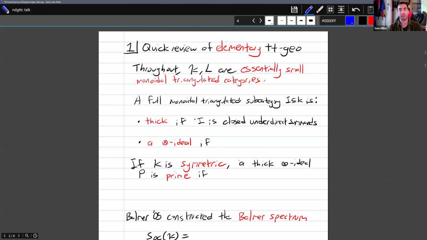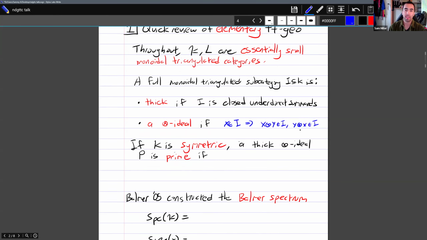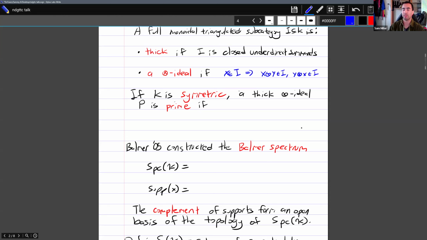A full monoidal triangulated subcategory I of K is thick if it's closed under taking direct summands, and a tensor ideal in this case if X contained in I implies that X tensor Y is contained in I, and similarly, I'm not assuming symmetry yet, Y tensor X is contained in I. And so in this classical case, K is symmetric, so there's a commuting tensor product, where if you do it twice, you just get the identity back.